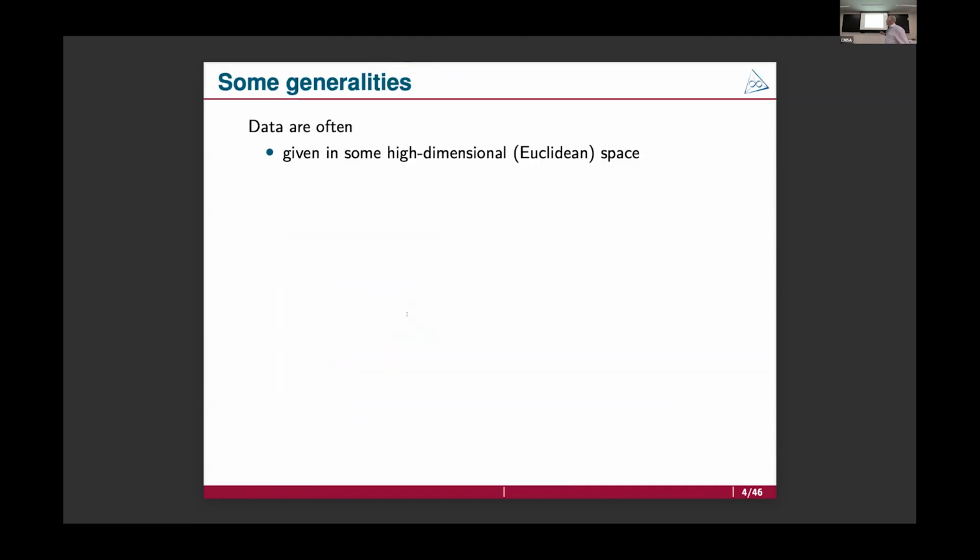As I already said, data are often given in some high-dimensional, typically Euclidean space. Of course, what we saw was 3-dimensional. But if you talk to biologists and they measure many features, or if you look at semantic networks, then you typically have 300-dimensional spaces, and you want to represent these data.